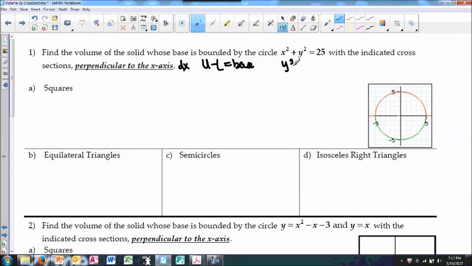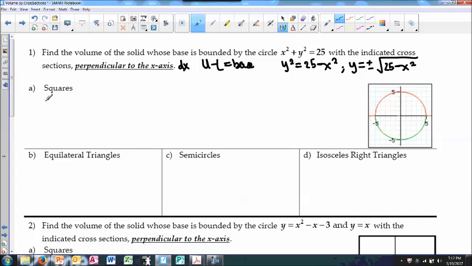So y squared is equal to 25 minus x squared, and y is two different functions. So the equation of a circle is always going to be two different functions, not one function. So plus and minus the square root of 25 minus x squared.